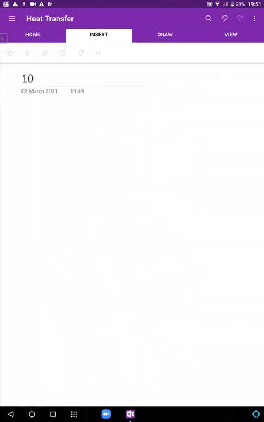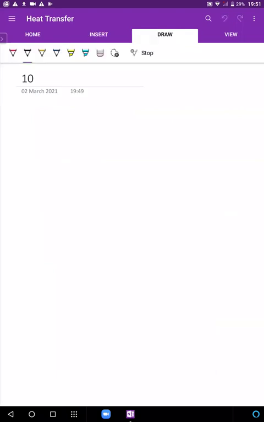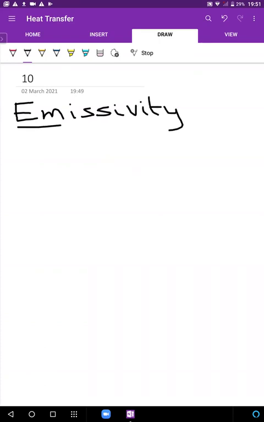cool. So now we're going to define a term called emissivity. It's important to never confuse this term with emissive power. The symbol of emissivity is small e, and if you remember, the symbol of emissive power was capital E. This is where these terms actually start to differ.